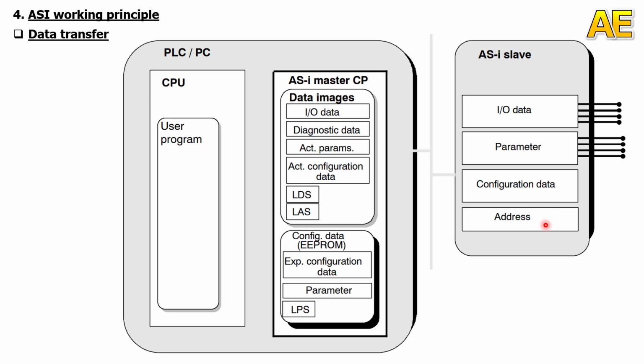The ASI slave has address 0 when installed. To allow a data exchange, the ASI slave must be programmed with an address other than 0. The address 0 is reserved for a special function. So this is the data transfer.